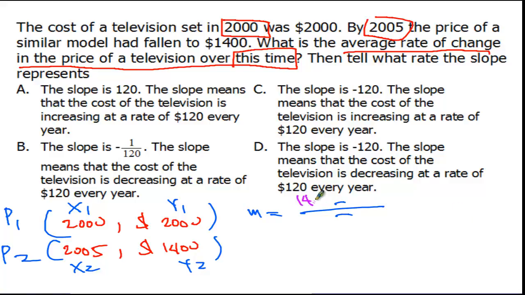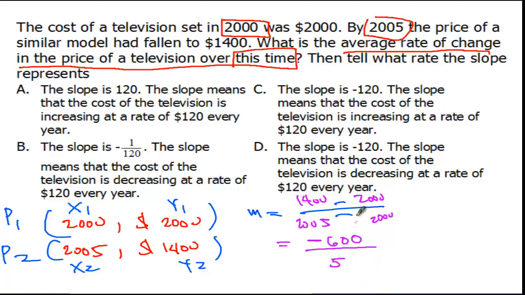All right, finding the rate of change is just solving for the slope: y2 minus y1 over x2 minus x1. 1400 minus 2000, that's just equal to negative 600 over 2005 minus 2000, that's 5.